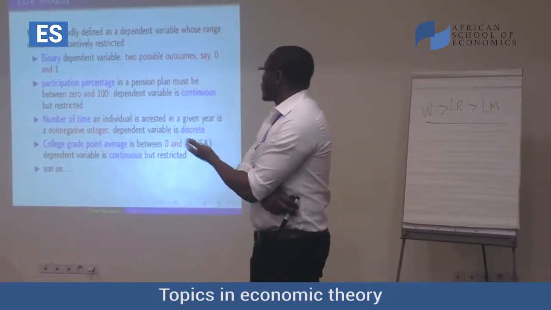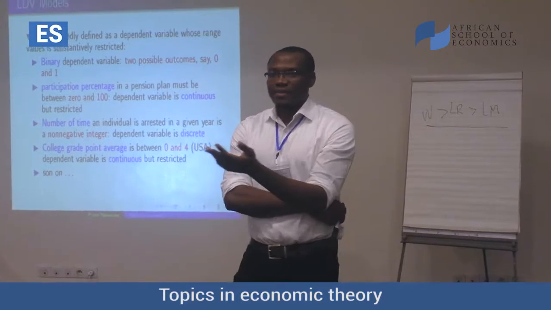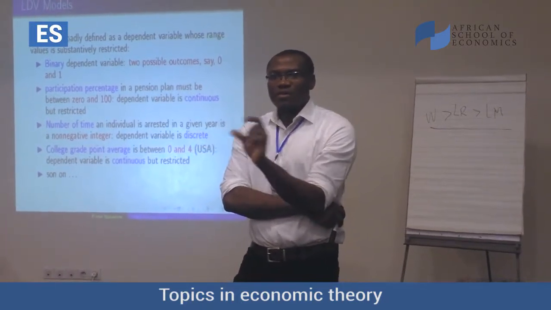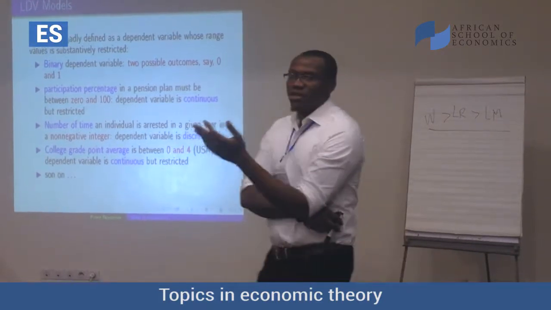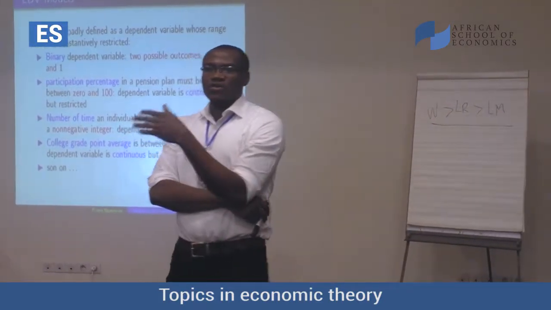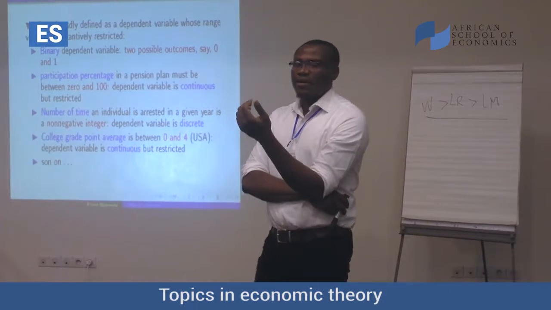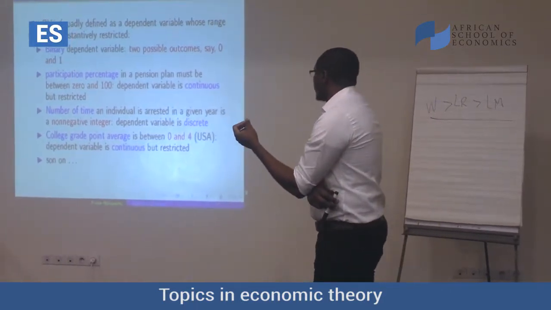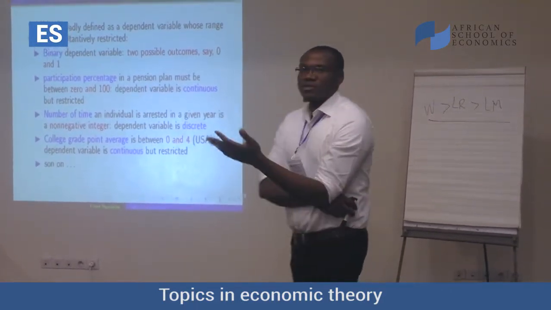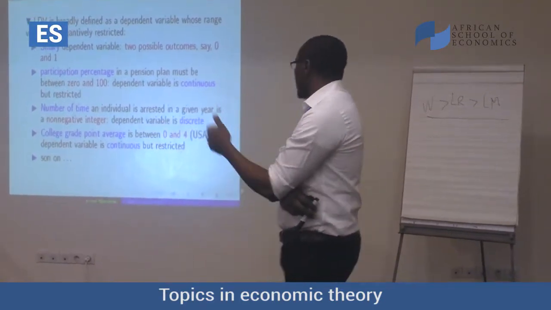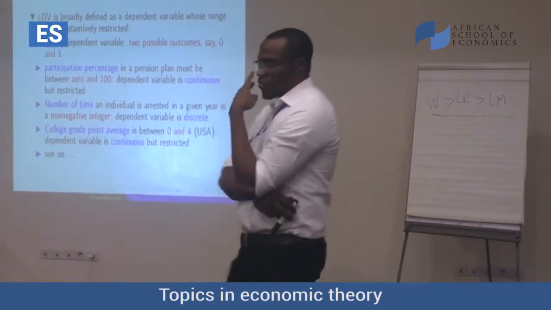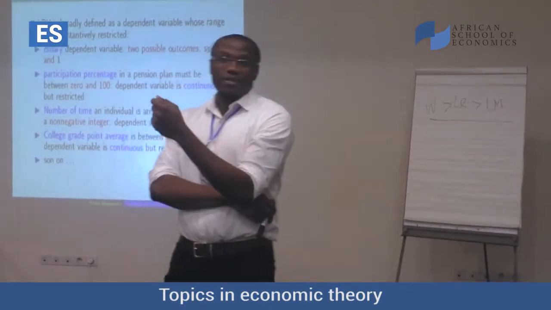For example, if the dependent variable of your model is binary, it only takes 0 and 1, so it's limited. If it's a percentage, it only goes from 0 to 100, so it's also limited. It could be the number of times that something happens, like the number of times that somebody is arrested, or the number of times that somebody shows up at the counter in the bank.